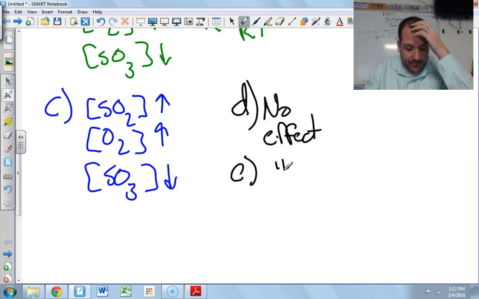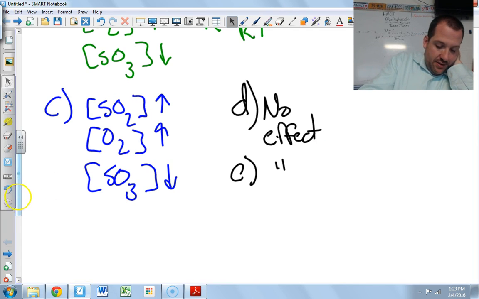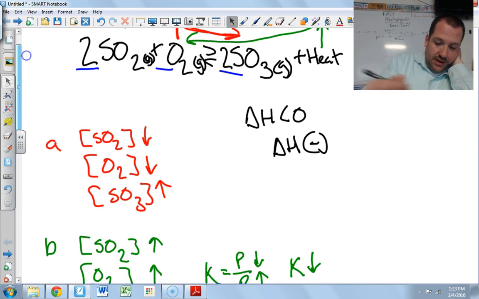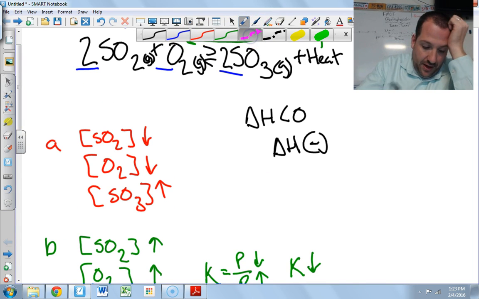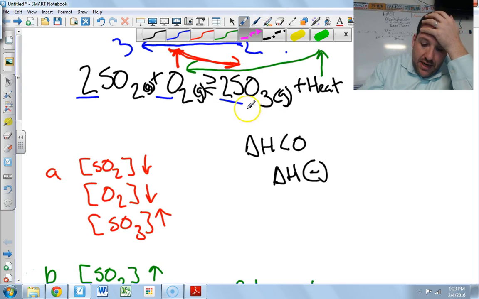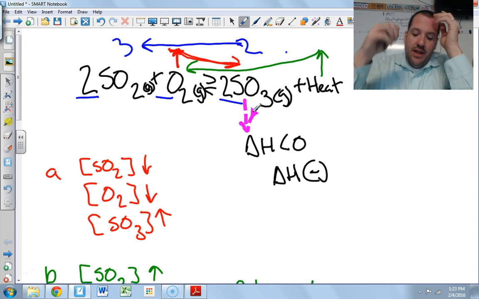So let's look at the last one here. It says SO3 gas is removed from the system. So now we'll do this one. I guess we'll do it in red. Maybe we'll do it in this funny purple thing. Now we have decreased the amount of SO3.